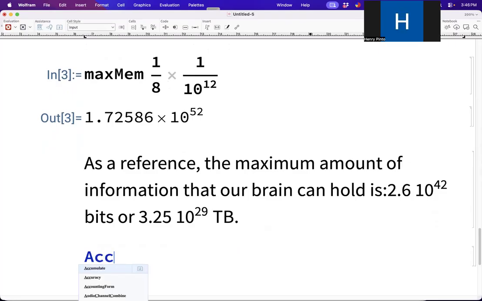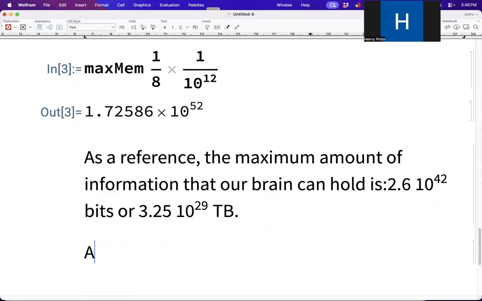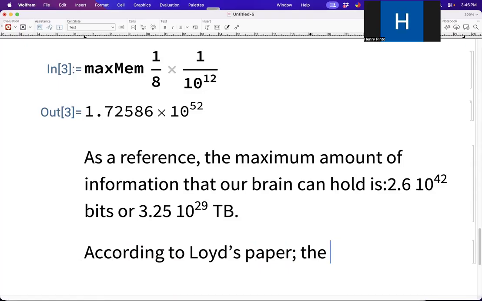According to Lloyd's paper, right? You remember this?